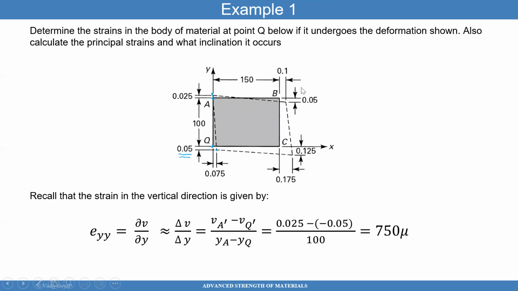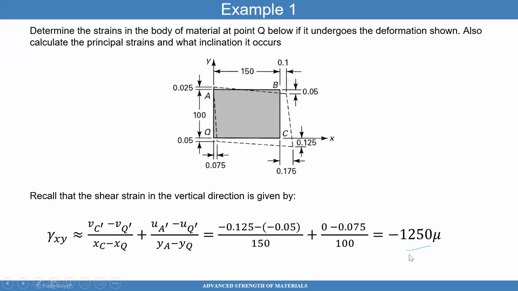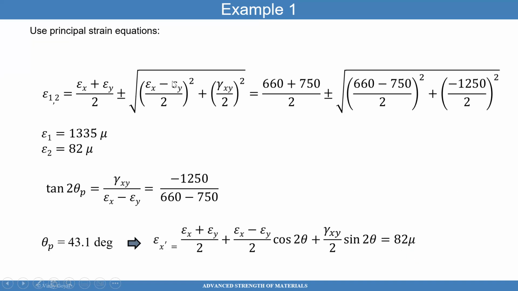You can see that here. I should have rounded that, but that's fine for now. And then I have minus 1250, which is this number here for shear strain. I do the calculation, and because I have the plus minus, I get two numbers, 1335 microns and 82 microns. Remember, this is unitless, there are no dimensions here.